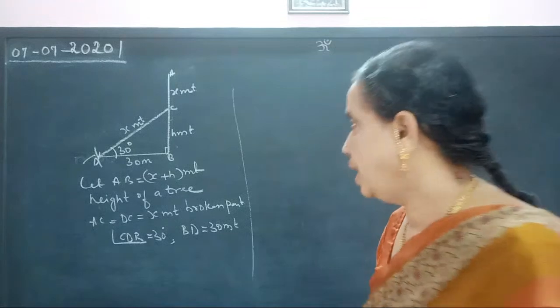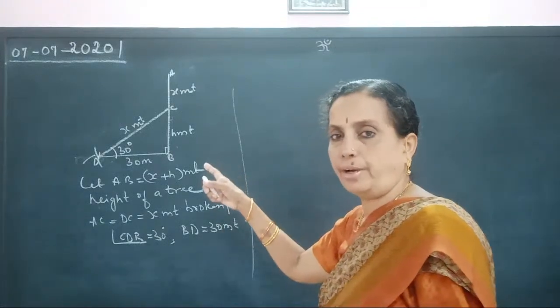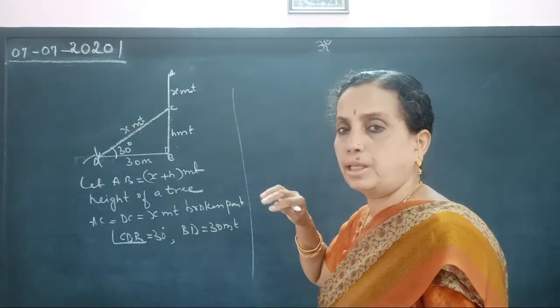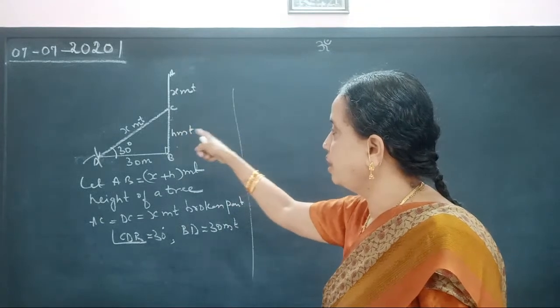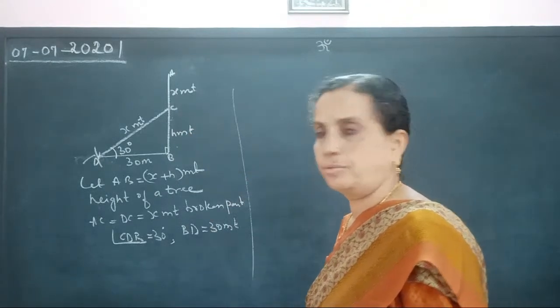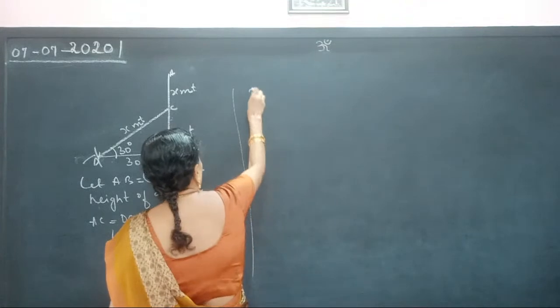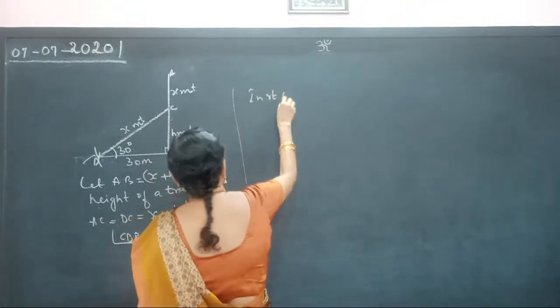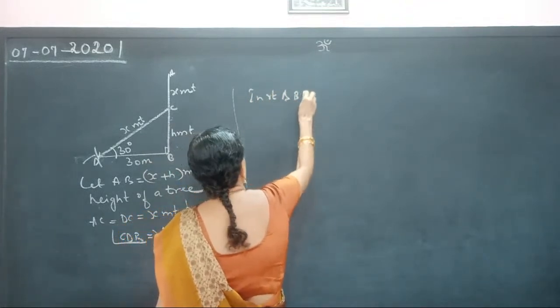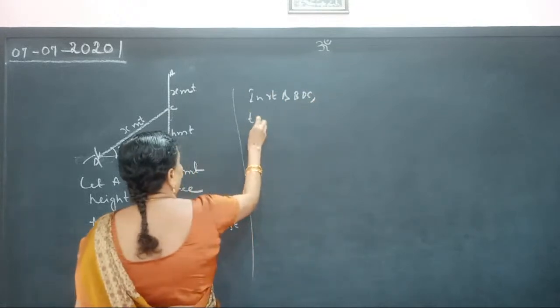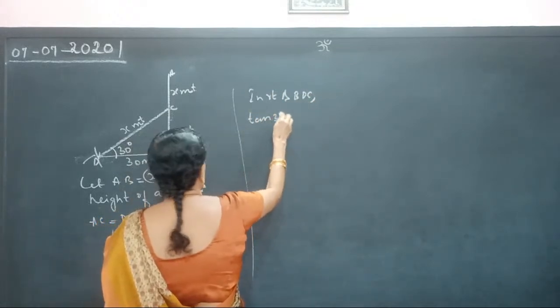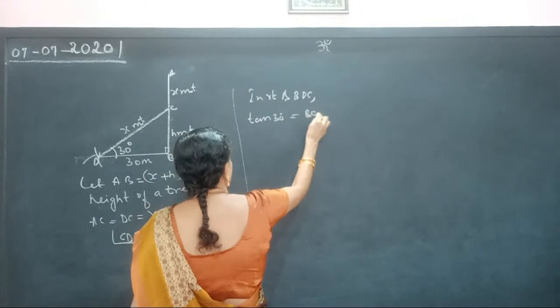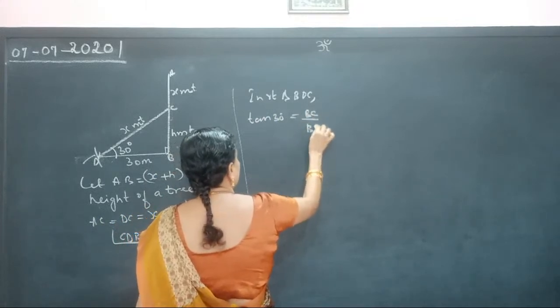Clear? See, here you will get only one right triangle, but in this condition you have to find the hypotenuse as well as the altitude. Consider right triangle BDC. tan 30 degrees equals opposite side by adjacent side.